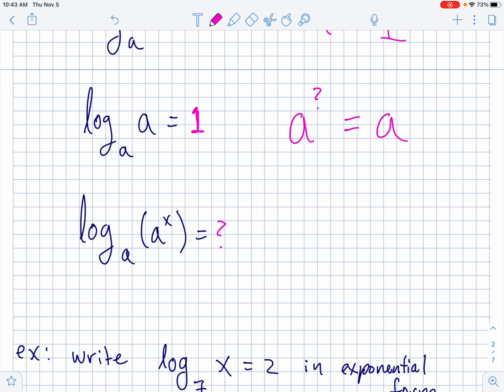If you think a to the what gives you a to the x, so it's like a to the blank gives me a to the x. Well, what is it? It's like a to the x equals a to the x. You just have to say it out loud. So this one equals x. The other way to think of that is that if these guys are matchy-matchy, you can sort of cancel out all this and it would just be x.